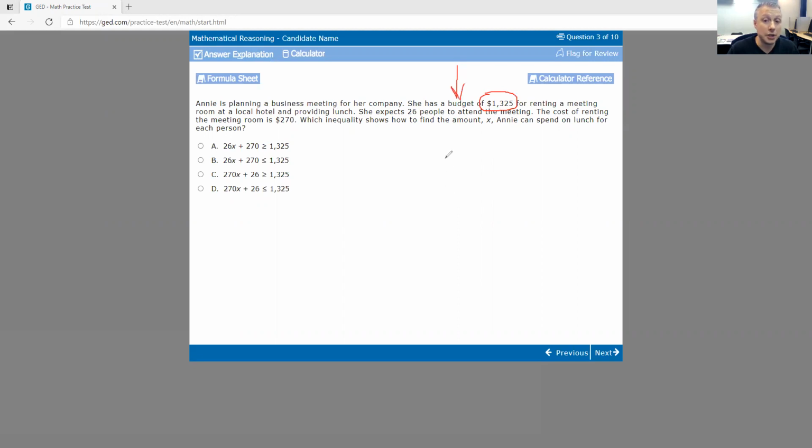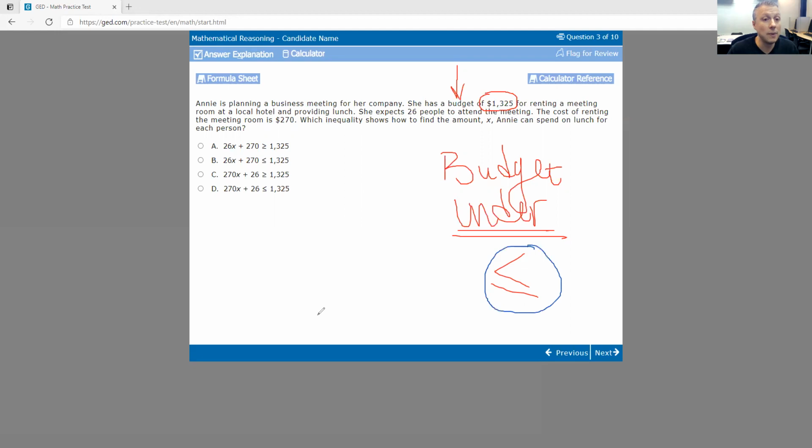So when you have a budget, the word budget means you have to stay under a specific amount, right? You have a budget. You're shopping on a budget. Under means less than or equal to. So this gives you a little bit of help as far as the answers go, right? You need to stay under the amount, under budget.